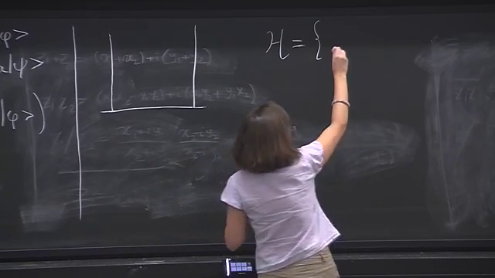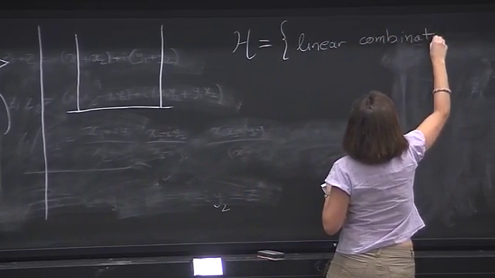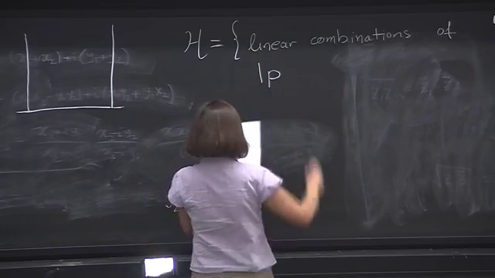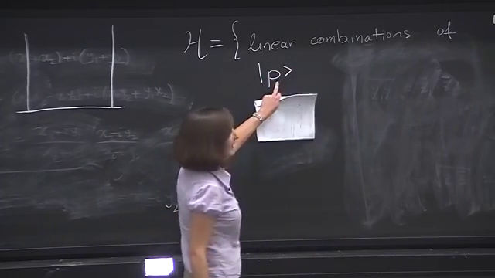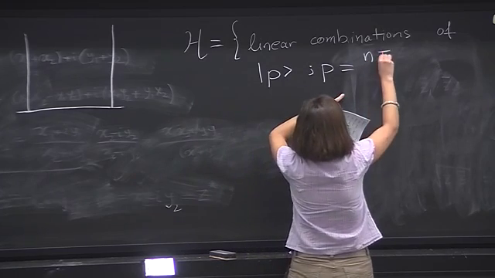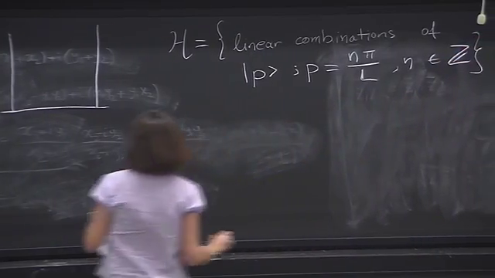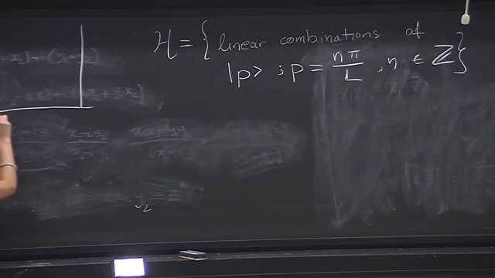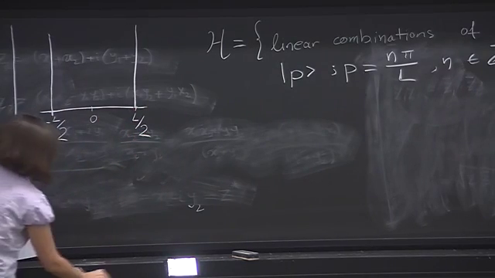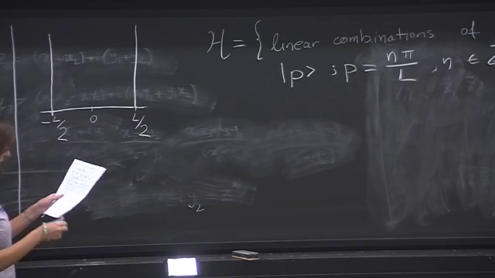So all the states in the Hilbert space will be linear combinations of the states P, and I label here P the momentum of the states, with P being any integer times pi over L, where L is the dimension of this box. This is an example of a Hilbert space.